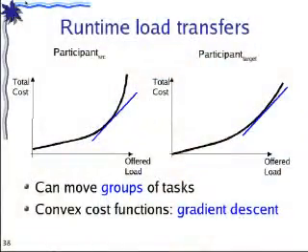So here is an example. Let's say we have two participants. Everyone has its own convex cost function, and they negotiate a contract with a fixed price. This price will correspond to the gradient of the cost function for some load level.